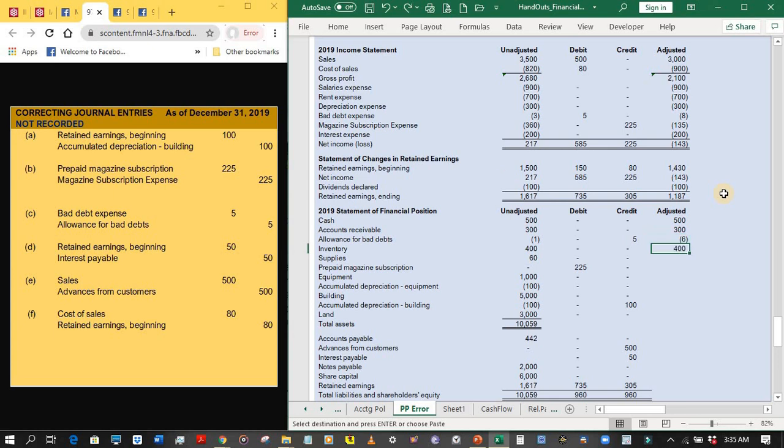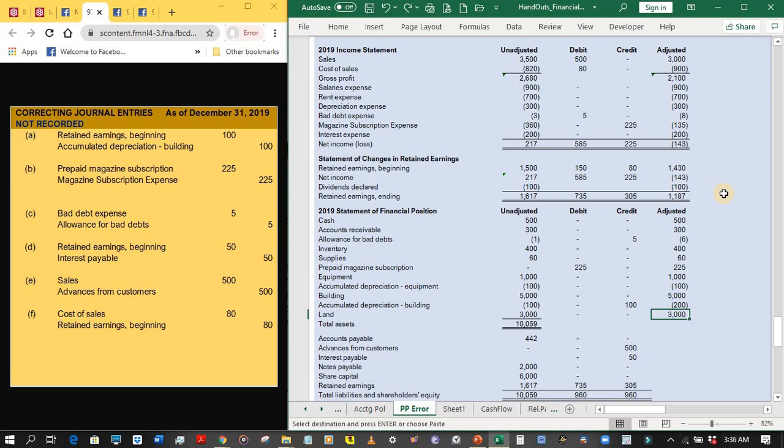Then inventory supplies has the same amount as the unadjusted balance. Then prepaid magazine subscription has a balance of 225. Then for equipment, accumulated depreciation, and building, these are the same amounts as the unadjusted amounts. Then the accumulated depreciation for the building will increase to 200 pesos. Then land is 3,000 pesos.